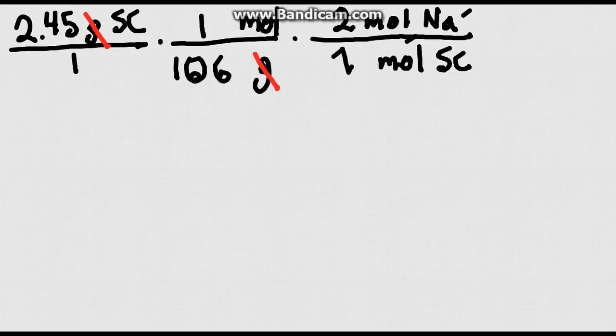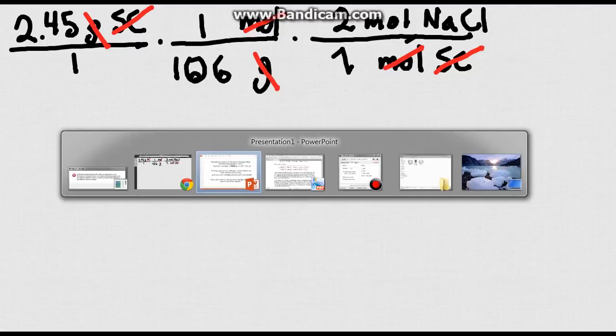And that way we can cancel out our units of sodium carbonate, and here's our moles. So moles cancel out with moles, sodium carbonate cancels out with sodium carbonate. Now we've got 2.45 times 2 all over 106, and this will give us our moles of sodium chloride that we have.